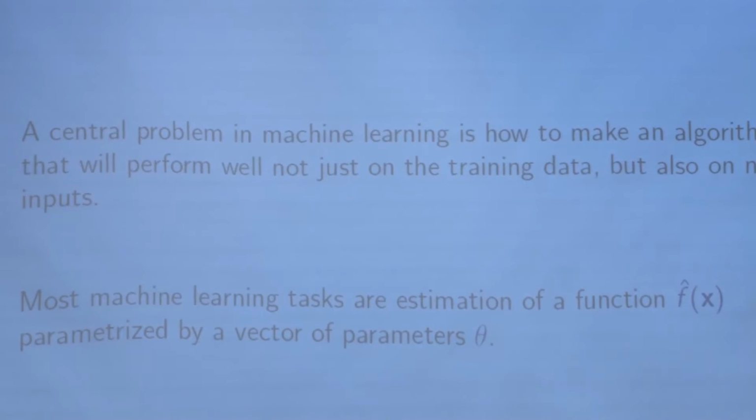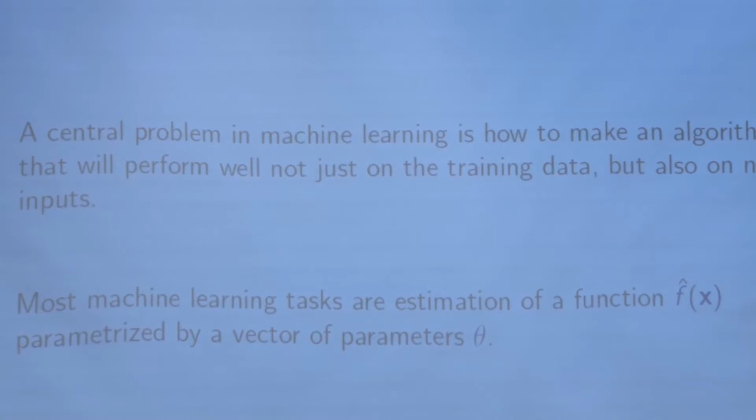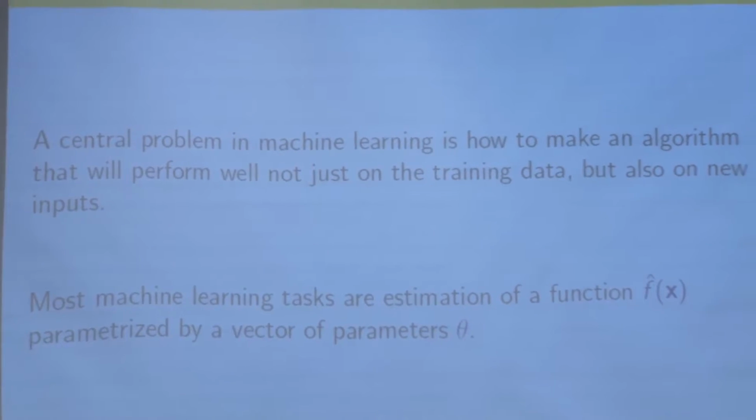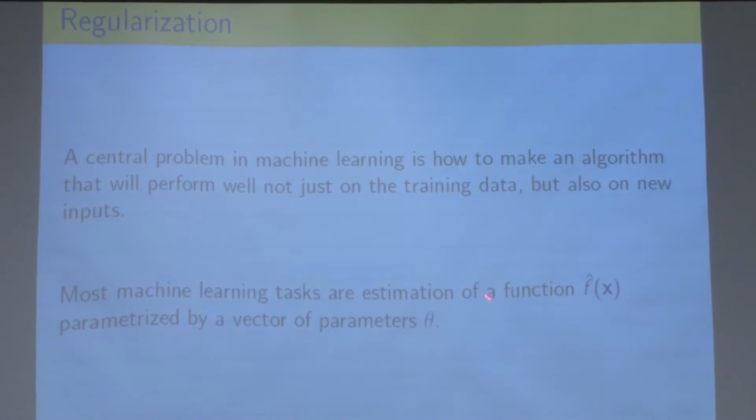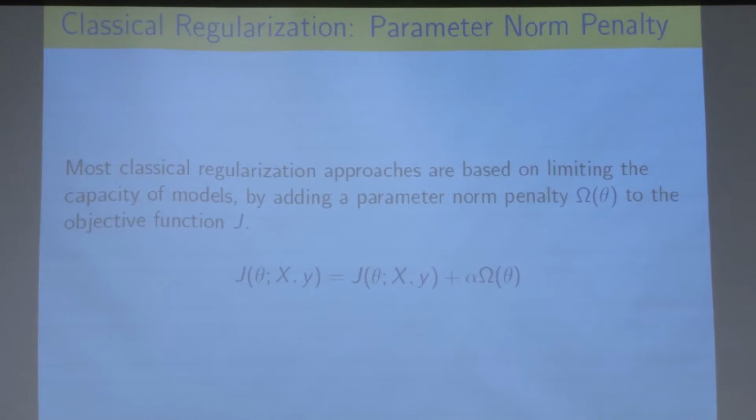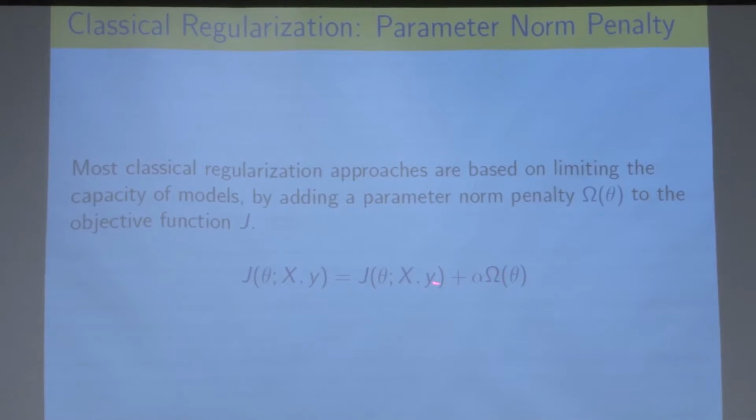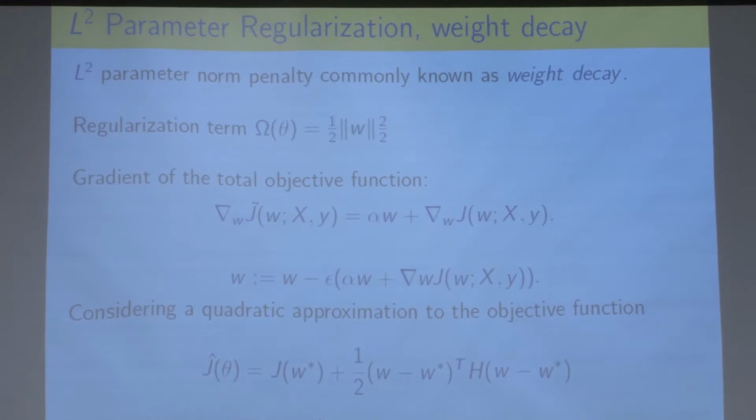Okay, so I explained this concept that in most machine learning tasks, we need to estimate f hat, and we can add a penalty to our objective function and then optimize for that. The most popular technique for optimization of deep or neural networks is what's called weight decay.